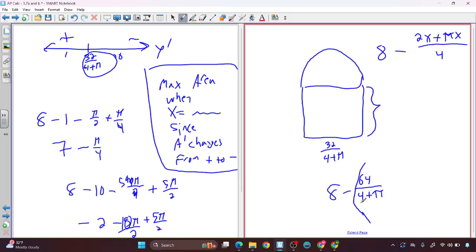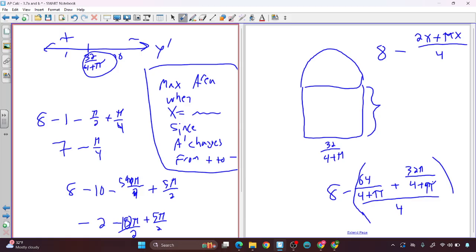This is all divided by 4, so I could do that now, or I could do it later, but oh well. And then 32 pi over 4 plus pi.